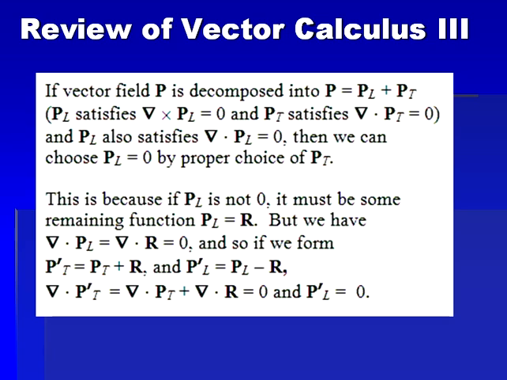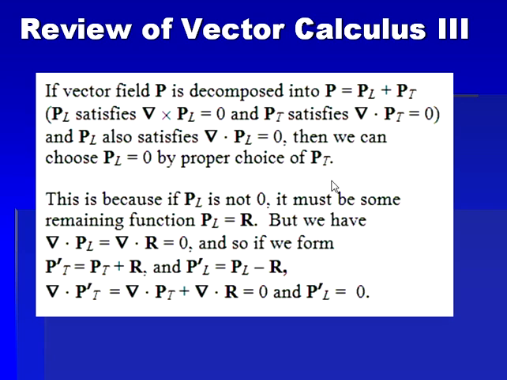As a last step in our review of vector calculus, another result that will be used below will be discussed here. The result is that if we decompose p into its longitudinal and transverse components, and we have the condition where the divergence of p sub l is equal to 0, then we can choose p sub l to be equal to 0 by a proper choice of p sub t.